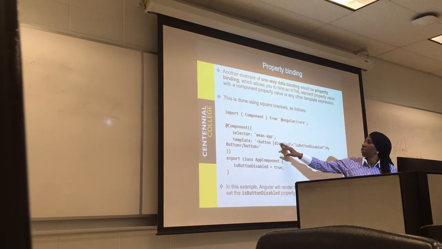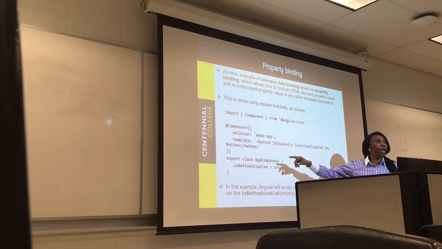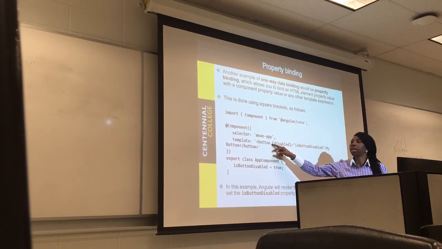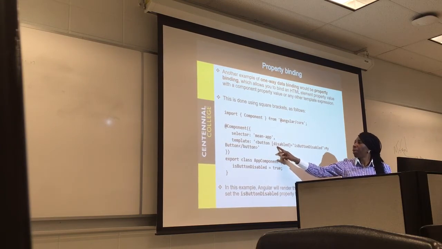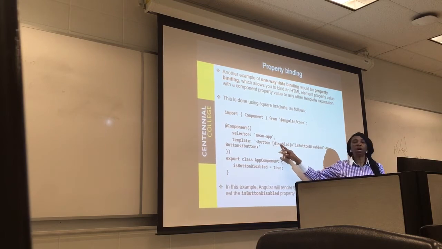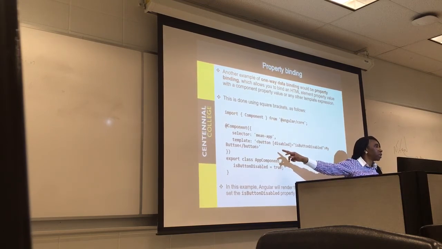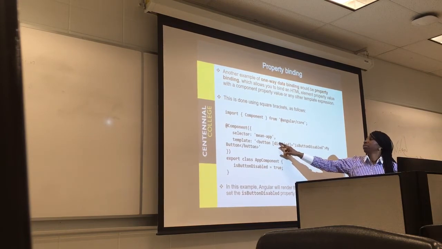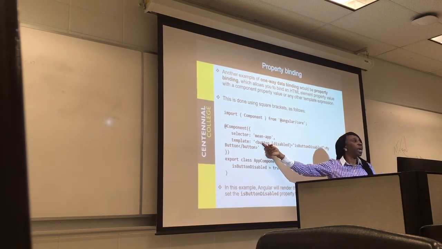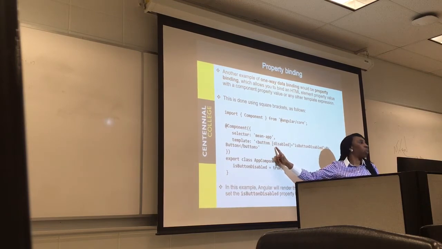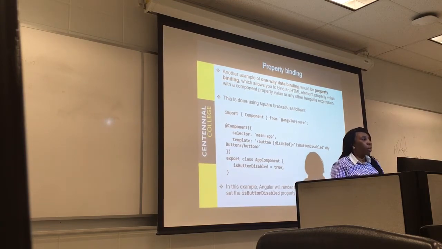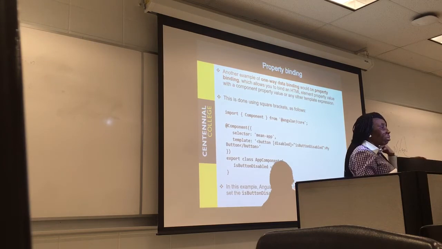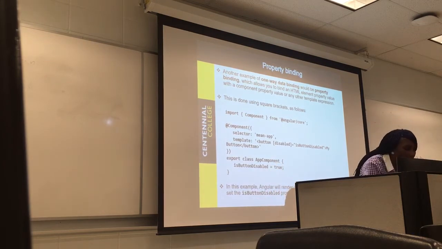So in this case, we are looking at the button here. We are trying to bind the property of this button. The property of this button is disabled. To do that binding, since this is a property of the button element, we use square brackets. So property binding is done by using square brackets.